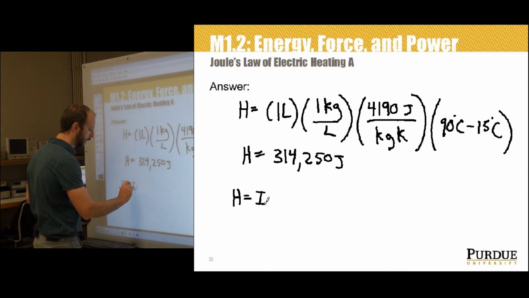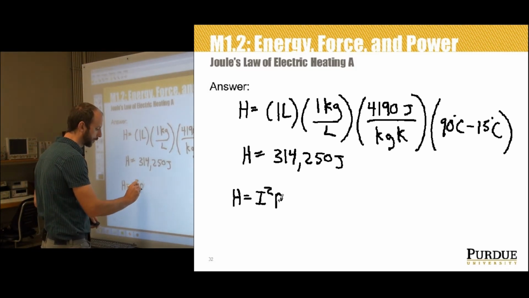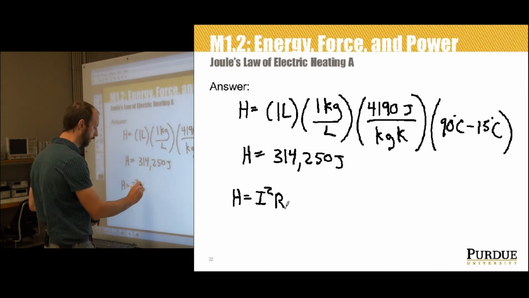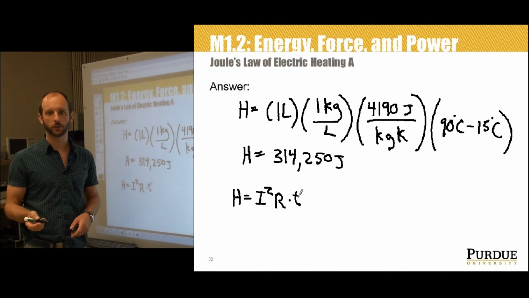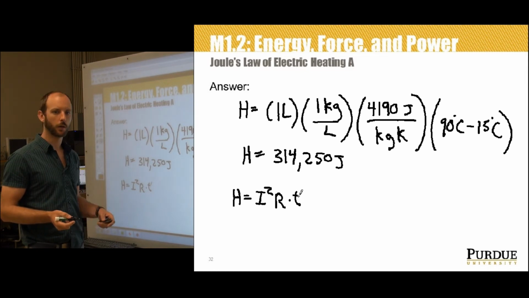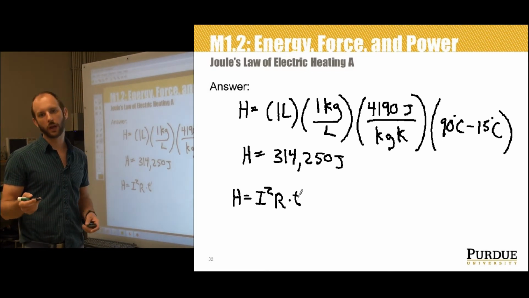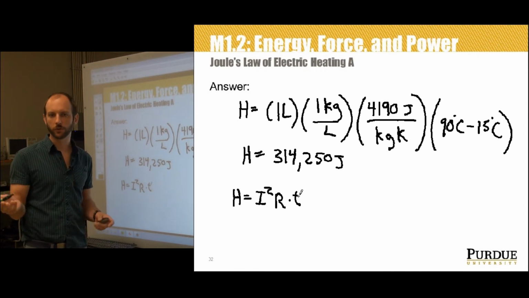equals I squared, the current squared, times the resistance, right, times T. We know that this is a 250 volt appliance at 100 ohms, so we can figure out what I is just by dividing 250 volts by 100.